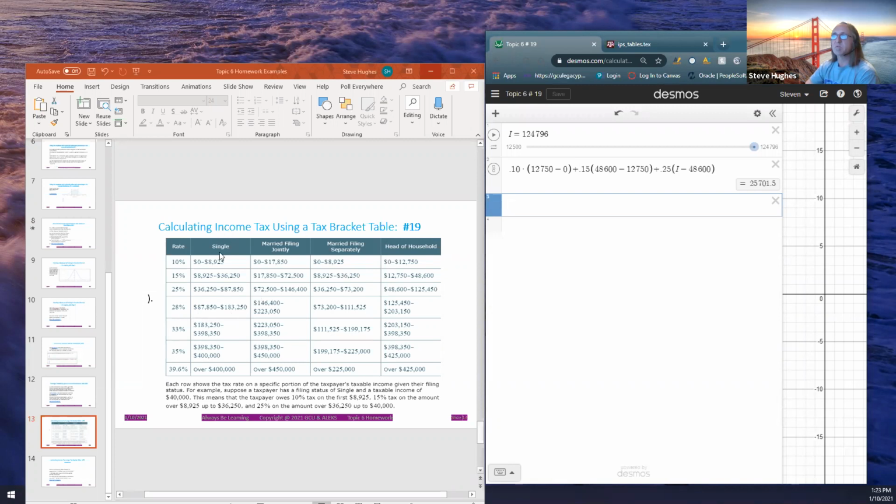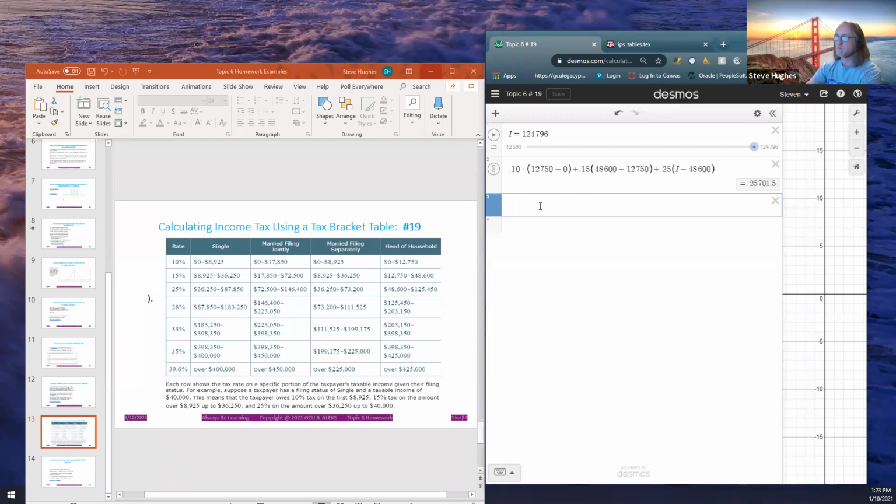I'm now in the single column. This goes up to 183,250, which takes in that income value. So this line I just completed is for head of household. That's the answer to the question.